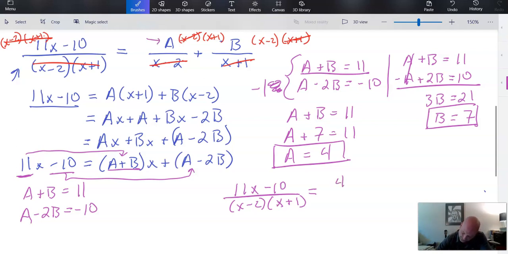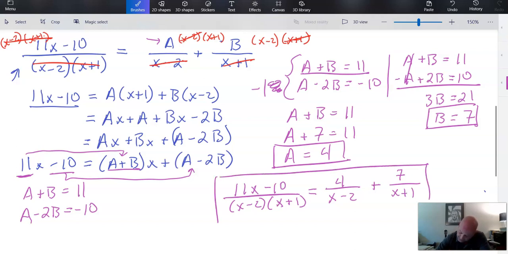So this is 4 over x minus 2 plus, let's see, what was B? B was 7. 7 over x plus 1. Right? So these do tend to be kind of tedious as far as that goes. But this is your final answer, particularly the right-hand side of this.